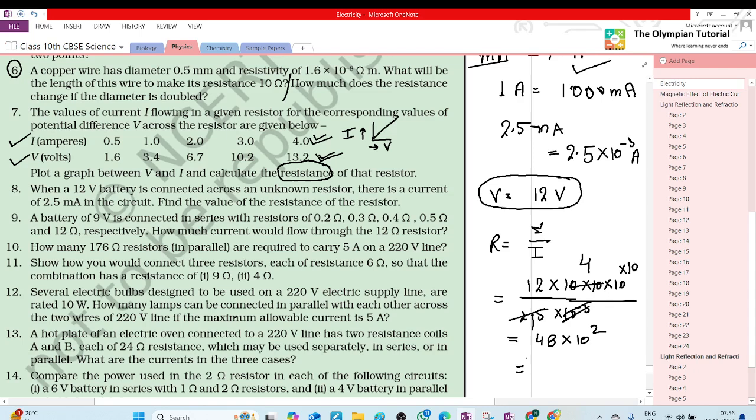Student, you are taking so much time in telling standard form. Ma'am, I don't remember. Okay, okay. So the decimal should be after one digit. So 4.8 into 10 to the power 3.